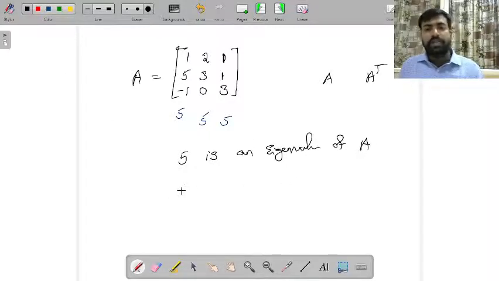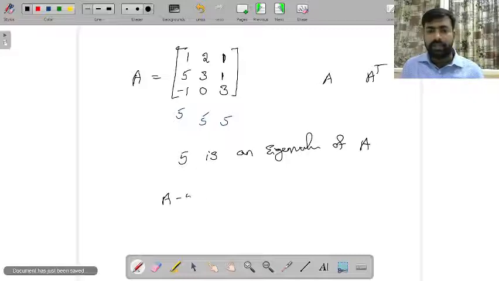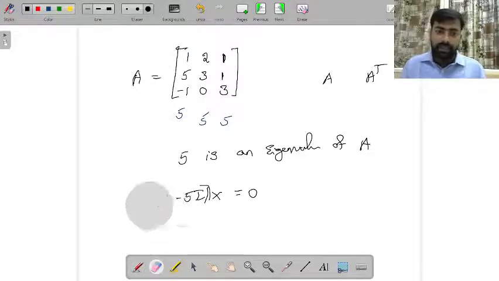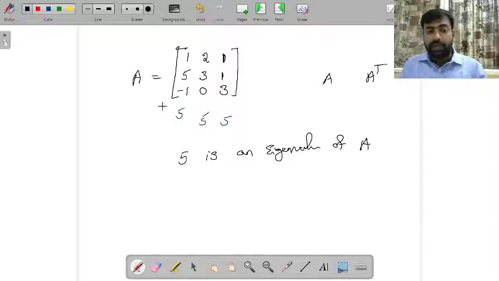If you ask me what is the corresponding eigenvector, there is no way; I have to go for investigation. It means we have to go with the procedure. You need to find the solution of A minus 5 times I multiplied with x equal to 0. Okay, but I can say one thing. I cannot say what is the eigenvector of A, but I can tell you what is the eigenvector for A transpose.